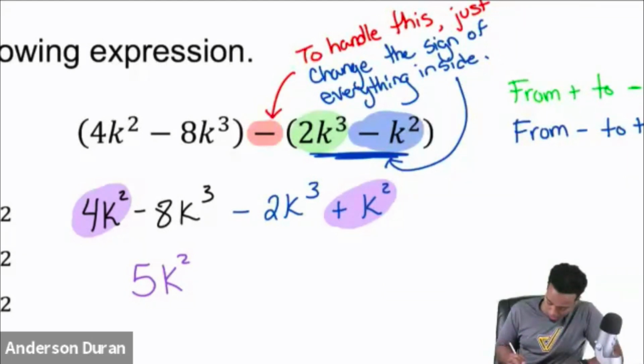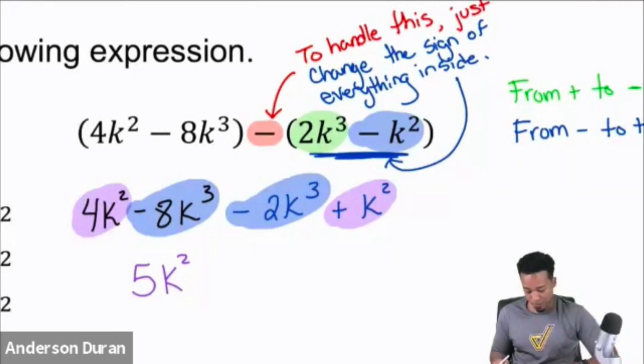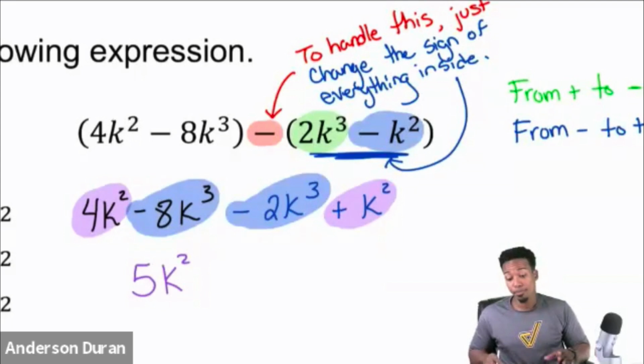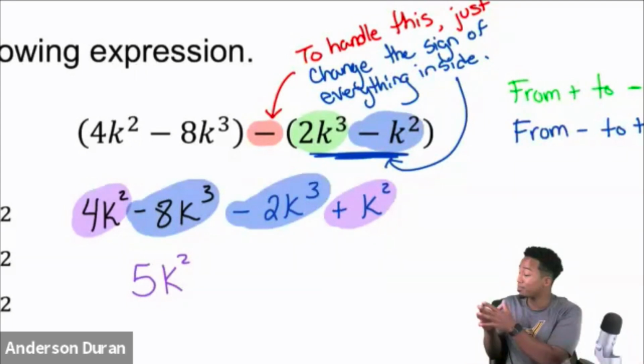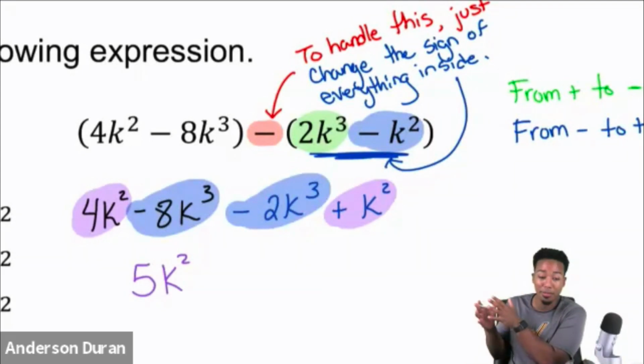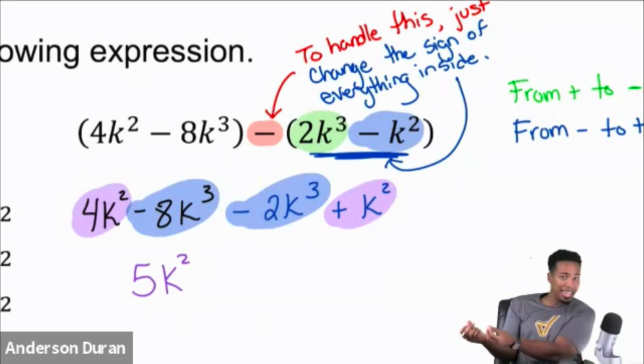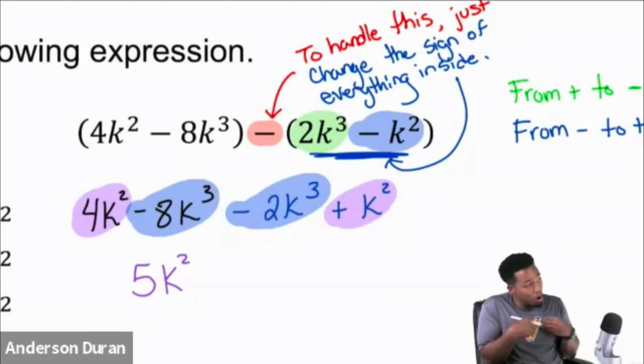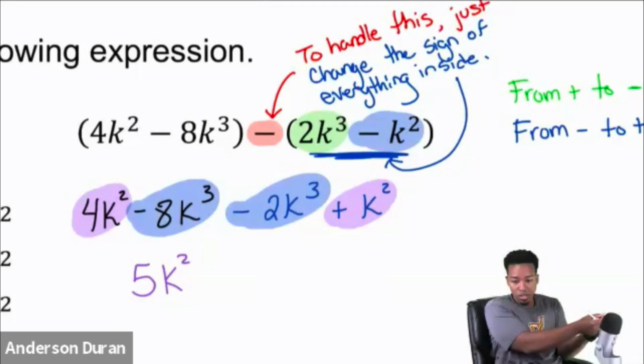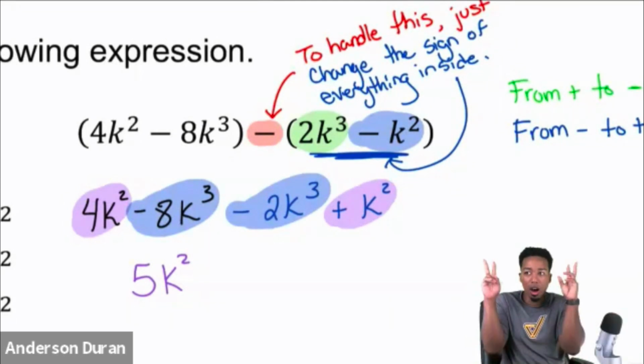Now, next, we're looking at minus 8k cubed minus 2k cubed. Okay, so again, any of us here that are thinking about, hey, negatives, I'm not quite fond of, not the best thing for me, I got you. Think of it like this. Everybody, if I owe somebody $8 and I owe somebody else $2, how much money do I owe in total?